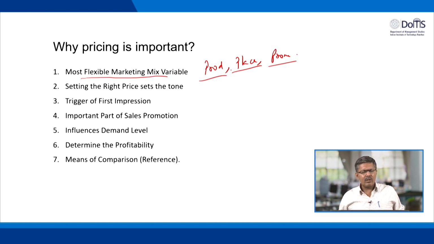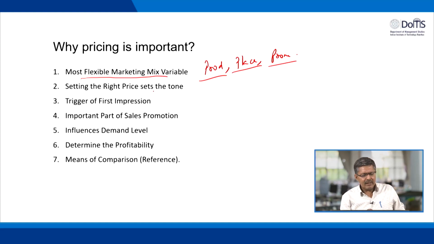But you have that scope to change the price. I am not saying you can do it freely, because people are very sensitive to price. If you make any changes, there might be reactions, they might welcome it or go against it. But anyway, it is very flexible, because it is easy to make a change.